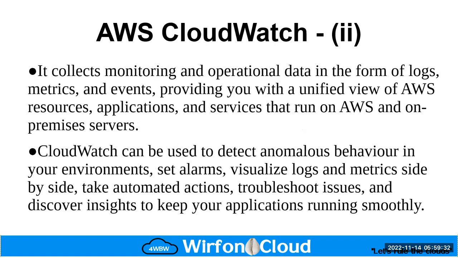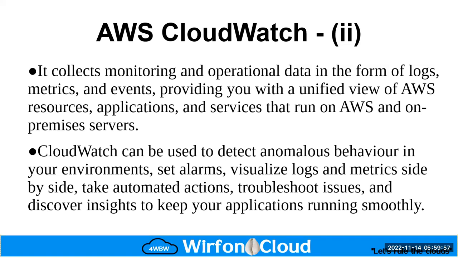CloudWatch will collect monitoring and operational data in the form of logs, metrics, and events, providing you with a view of what is happening within your AWS environment, with your resources, your applications, and the services that you are running on AWS and on your on-premises servers.